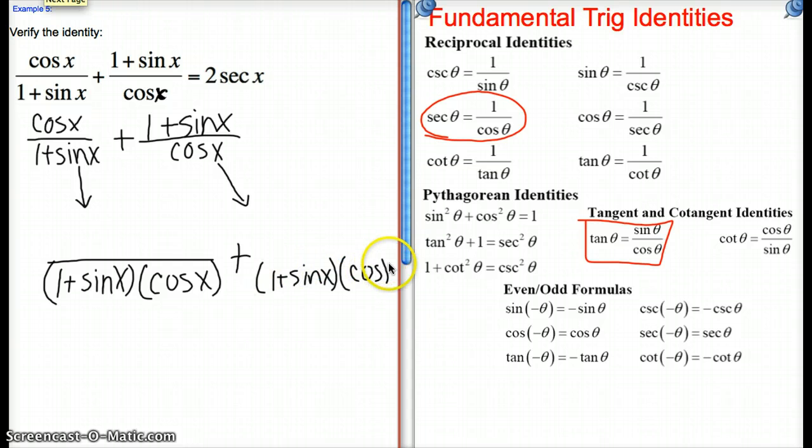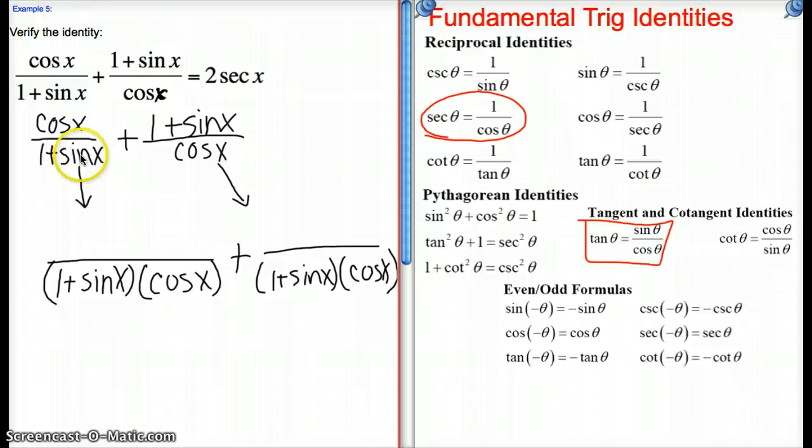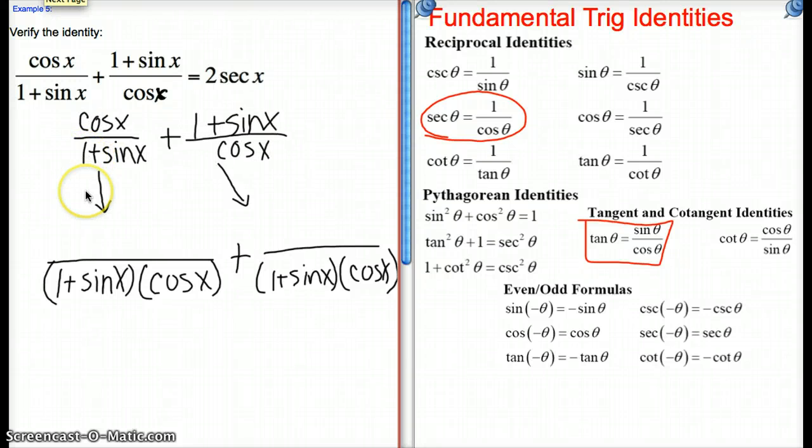And of course, that means I'm going to multiply top and bottom of each of those fractions by a common thing. So I'm going to take the first fraction and I'm going to multiply top and bottom by cosine of x. That way I get that factor of cosine of x in the denominator of that fraction. So let's see, on the top I'm going to get cosine squared of x.